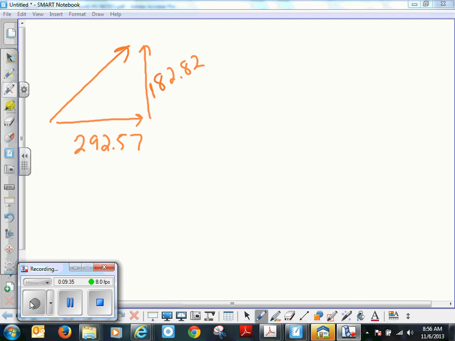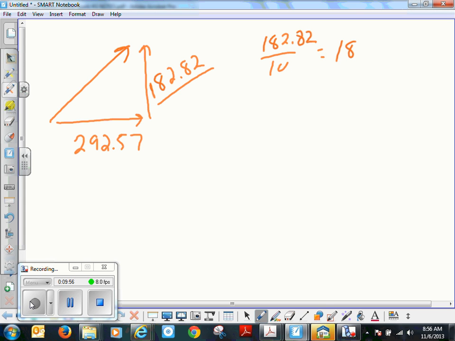Okay, so let's look at this. Doing your trigonometry, you find your x and y velocities. Okay, so how much time? You can do this a couple ways. What we have been doing traditionally is saying that, well, 182.82 divided by 10 equals 18.285 seconds.